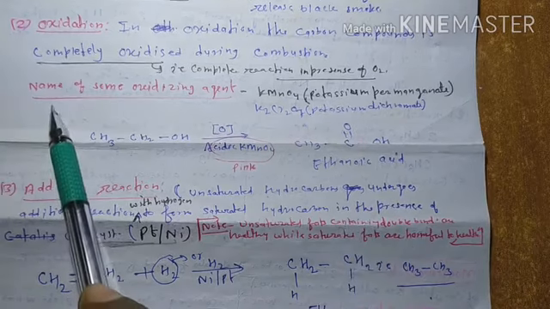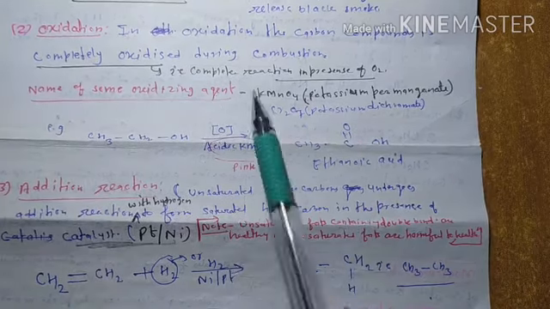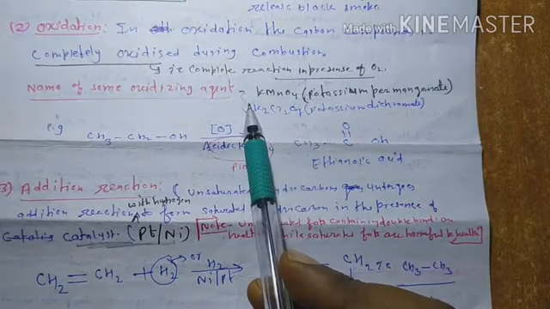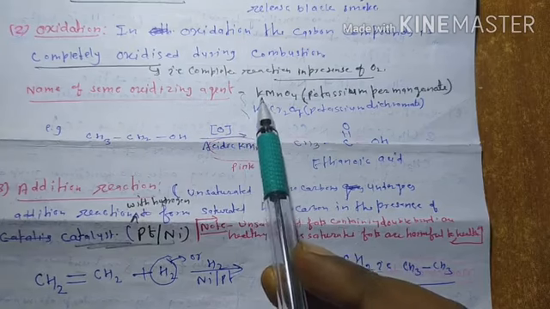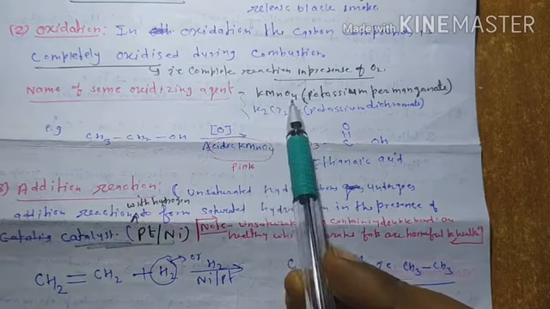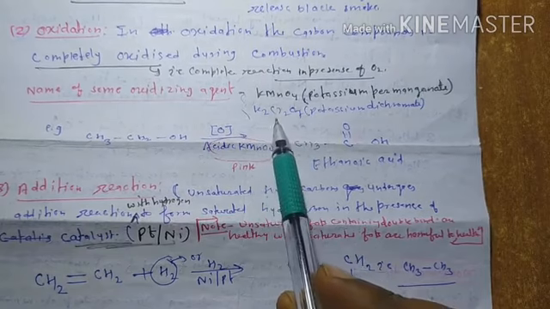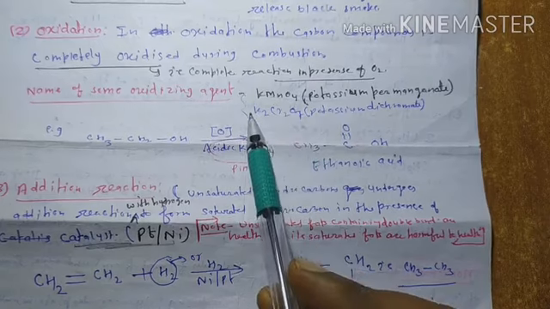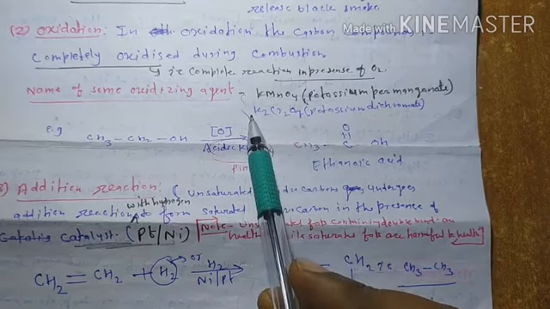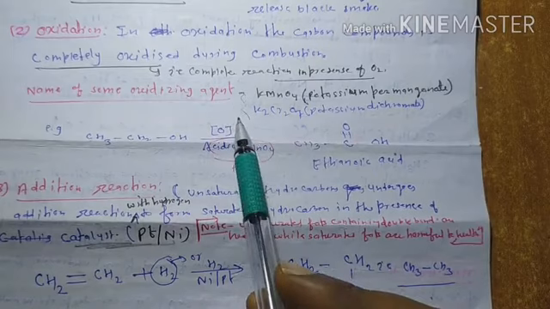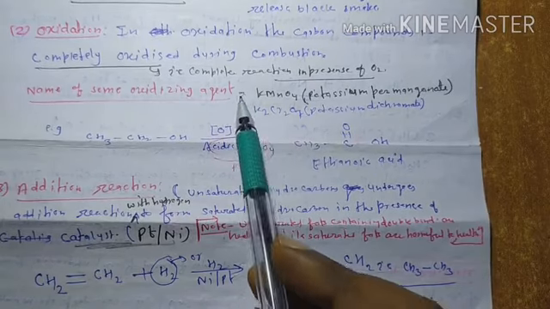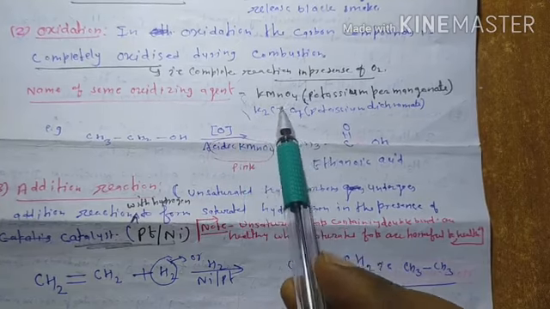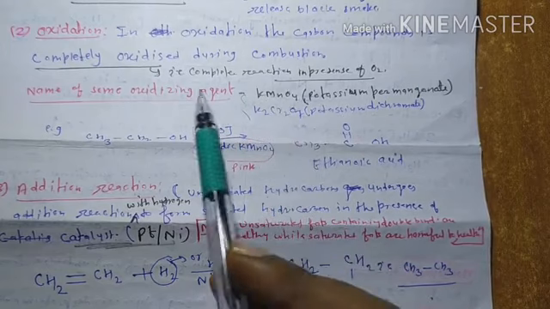Some names of oxidizing agents are very important: potassium permanganate, KMnO4, and potassium dichromate, K2Cr2O7. An oxidizing agent is a substance that supplies oxygen to another substance in a chemical reaction.